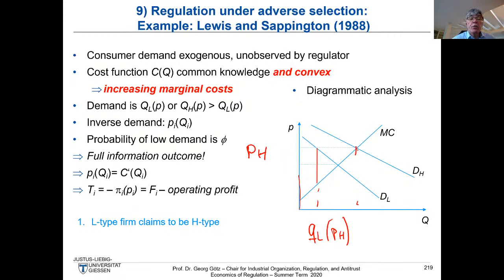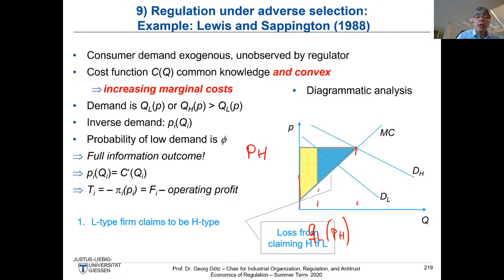And with this quantity, of course, operating profits would only be the yellow area, but it has to pay, remember, a negative transfer, actually taxed by the previous yellow area, which is now the yellow plus the blue area, and it has really a loss in terms of the blue area if it claims to be the high type.